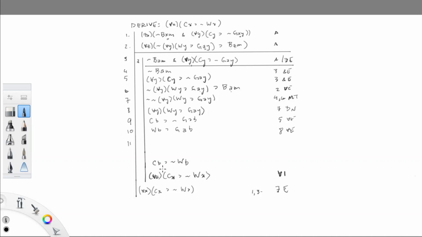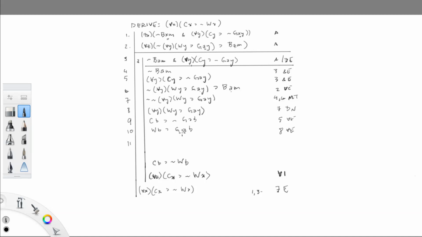We're trying to get if CB, then tilde WB. And we should be paying attention to lines 9 and 10. Do you see a way of making that work? Here's one thing that will help. Let's do transposition on line 10.